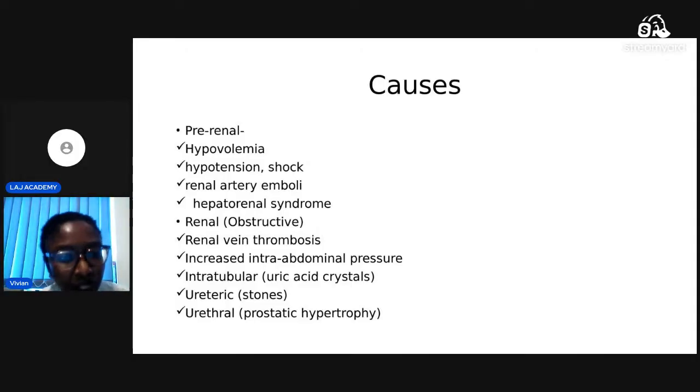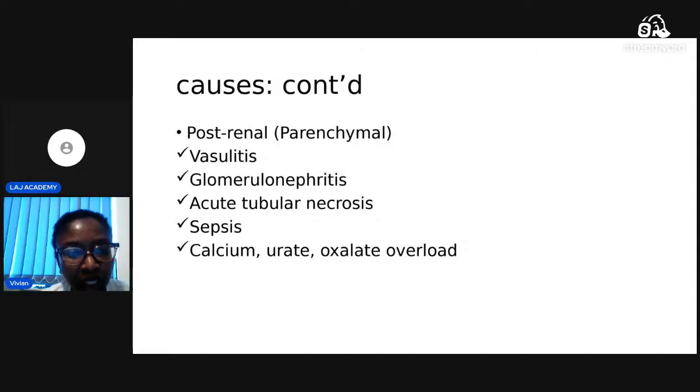Then the postrenal causes are the obstructive causes, which could be renal vein thrombosis, intratubular causes like uric acid crystals, ureteric stones, and things like BPH that cause obstruction in the urinary tract. Okay, there was a confusion in my slides.